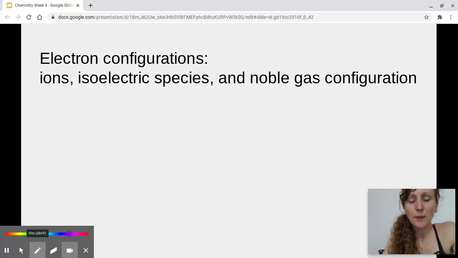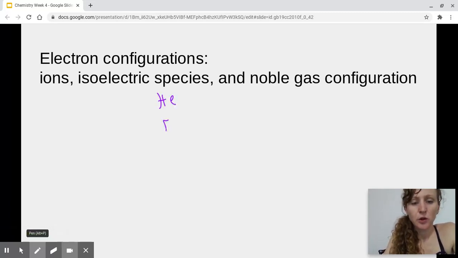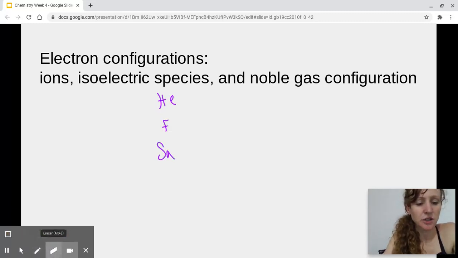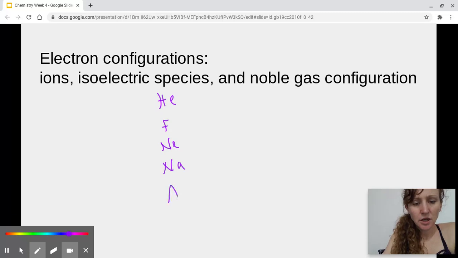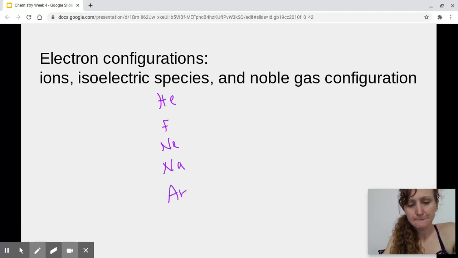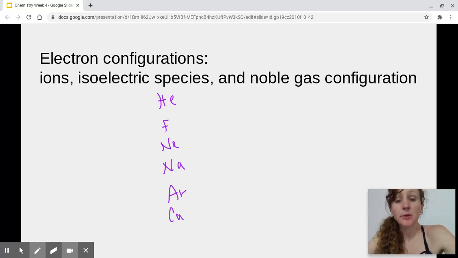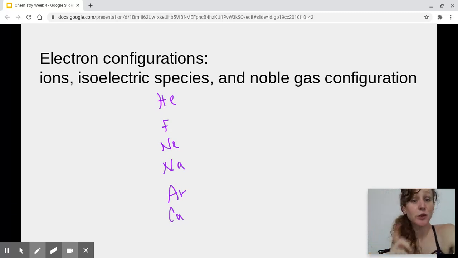Like if we write out, let's say helium, fluorine, neon, sodium, argon, and let's just do calcium for fun. Okay, I'm going to write out the electron configurations for these atoms. See if you can beat me there.